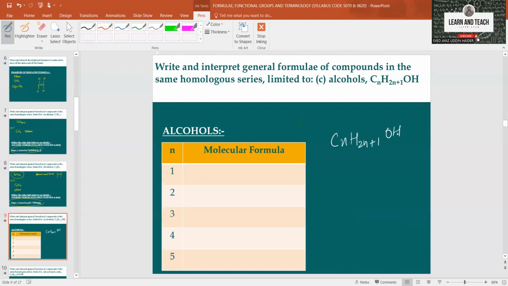If the value of n is 1, the molecular formula will be C, and 1 multiplied by 2 is 2, 2 plus 1 is 3, CH3OH. This is methanol.